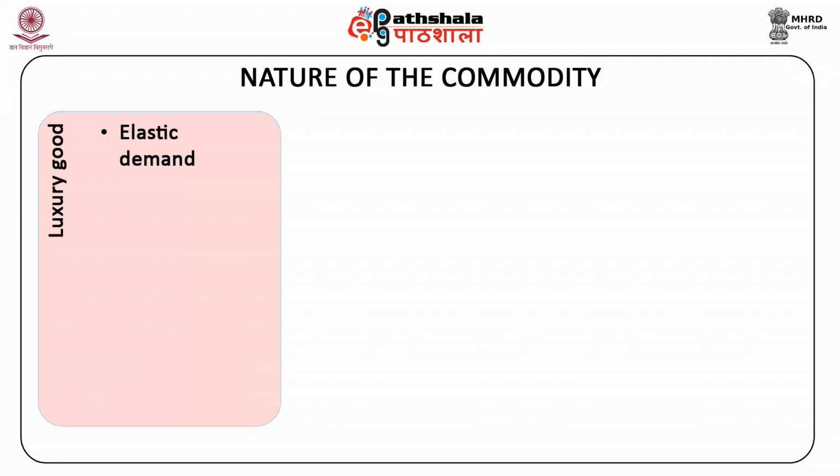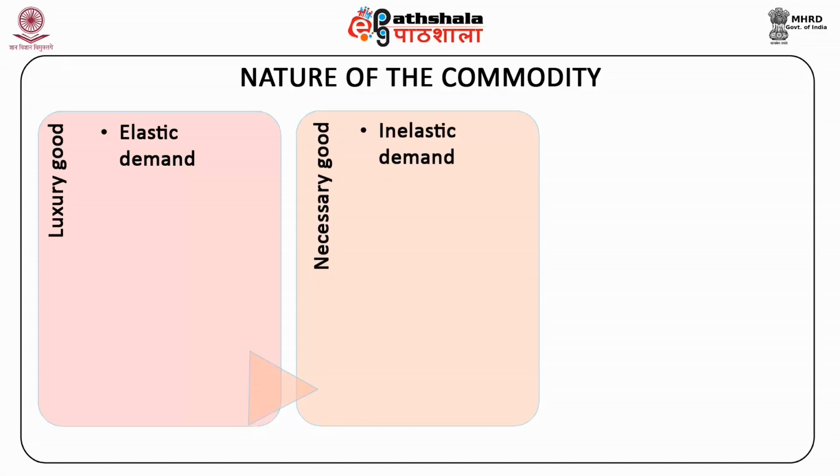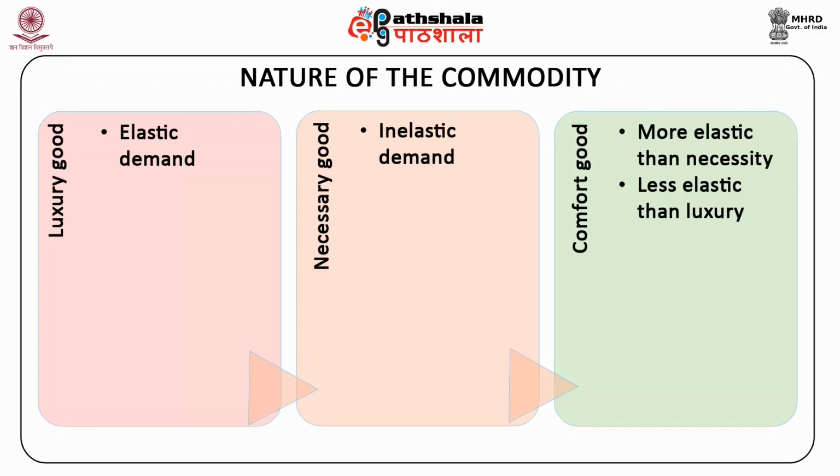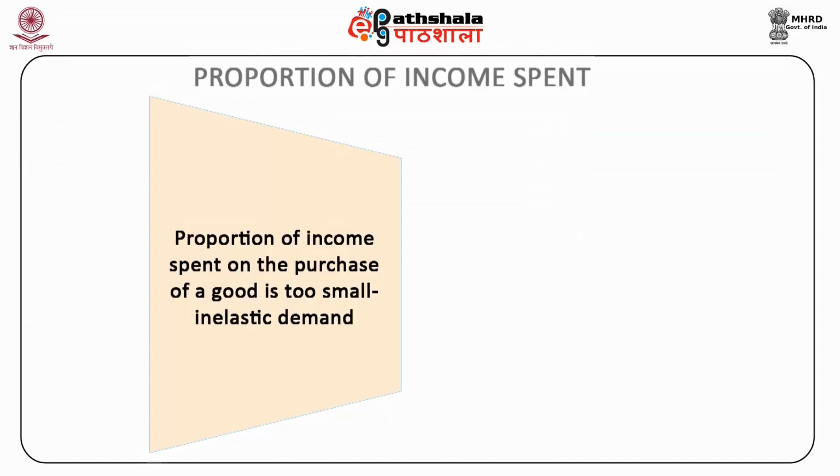However, the demand for necessary goods is inelastic in nature because even if their prices change, their consumption is almost necessary for the consumer and he cannot postpone his demand for a necessary good when its price increases. On the other hand, the demand for comforts is more elastic than that of necessities and less elastic than the demand for luxuries.